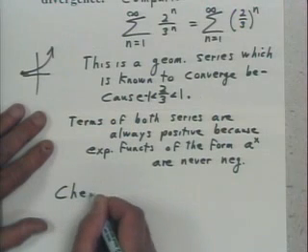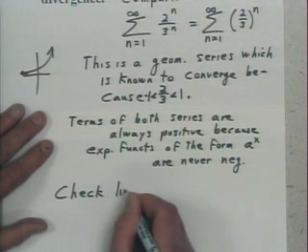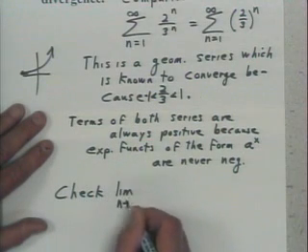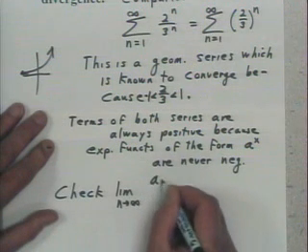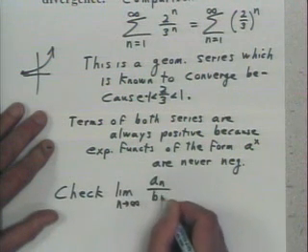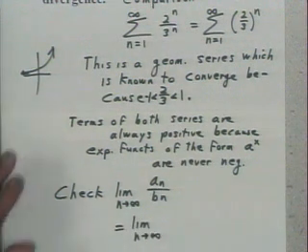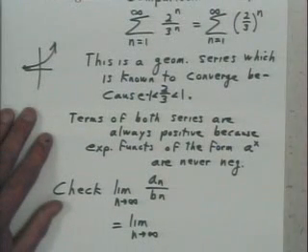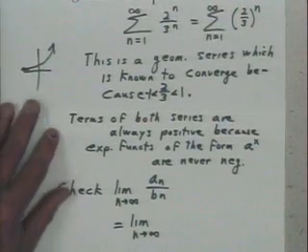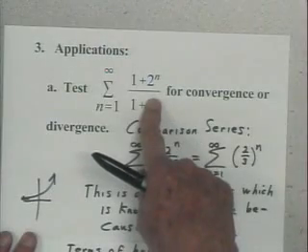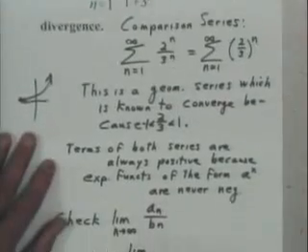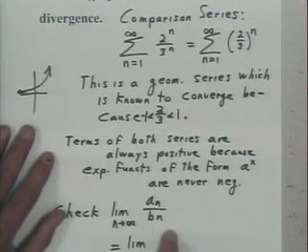Now I'm going to check the limit as n goes to infinity of a sub n divided by b sub n. Now when you do this limit, you have to know what to put where. Which one do you always put on top? The unknown one, that one. And which one is always on the bottom? The known one.